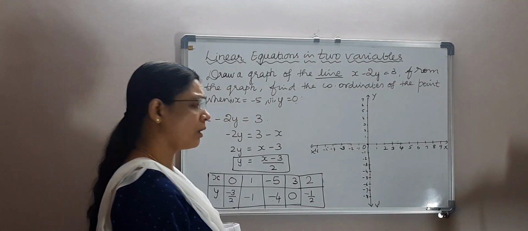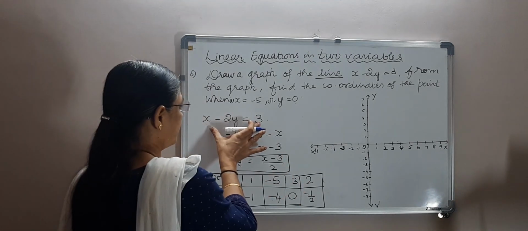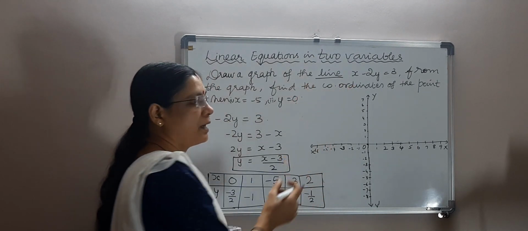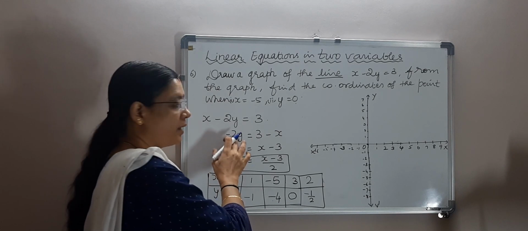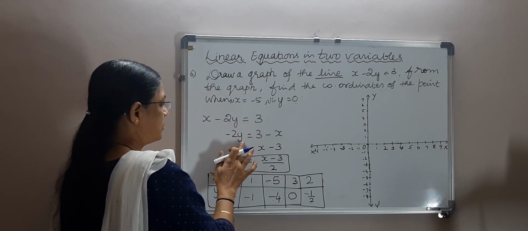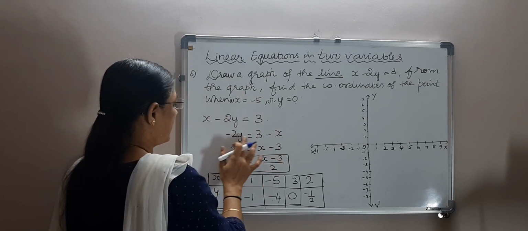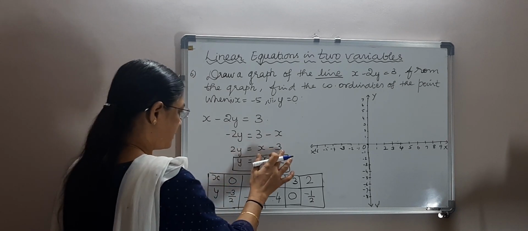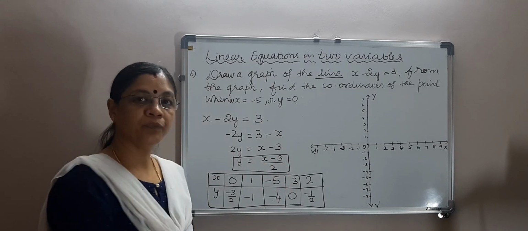So according to the algorithm for plotting the points for the given line, we should follow an algorithm, that is finding the value of y from the equation. So x minus 2y is equal to 3, we have minus 2y is equal to 3 minus x, isn't it? So I change the signs, so I get 2y is equal to x minus 3, or y is equal to x minus 3 divided by 2.